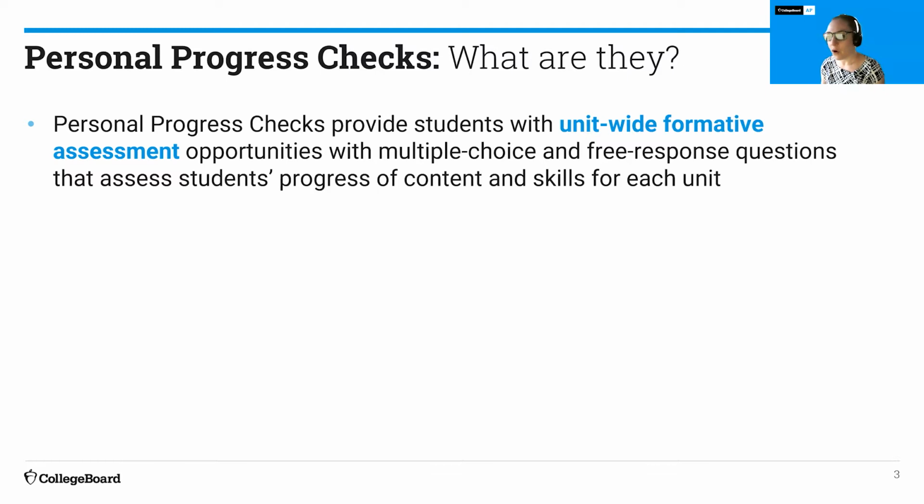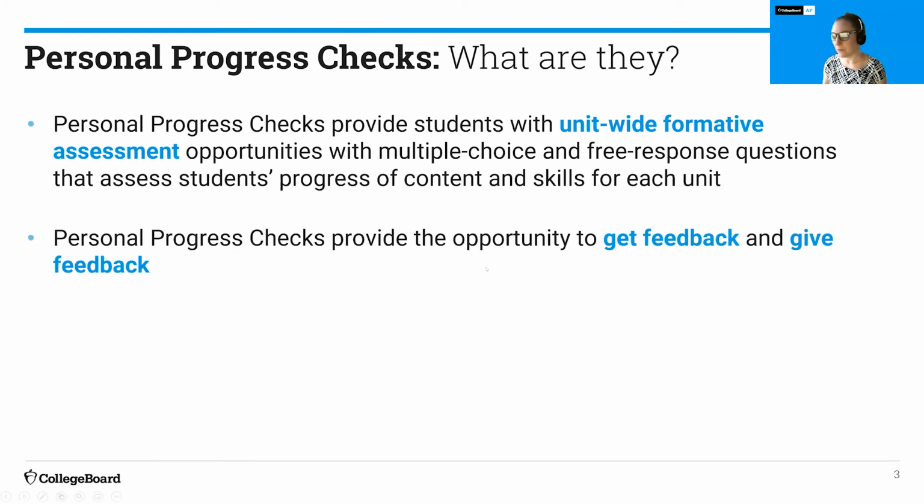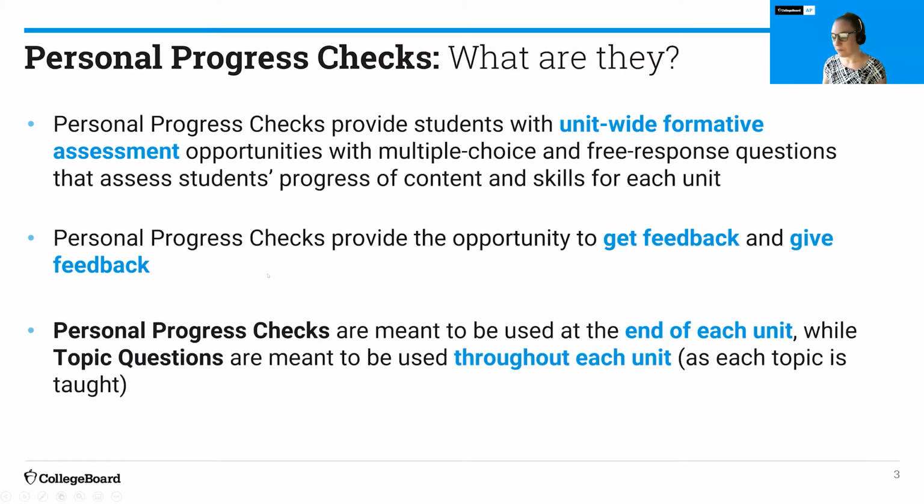So these are formative unit-based assessments that you can use at the end of each unit to gauge students' progress in learning course content and skills. They provide the opportunity to both get feedback from your students' performance and allow students to get their own feedback. So, in other words, giving students feedback through the reports involved in the progress dashboard.